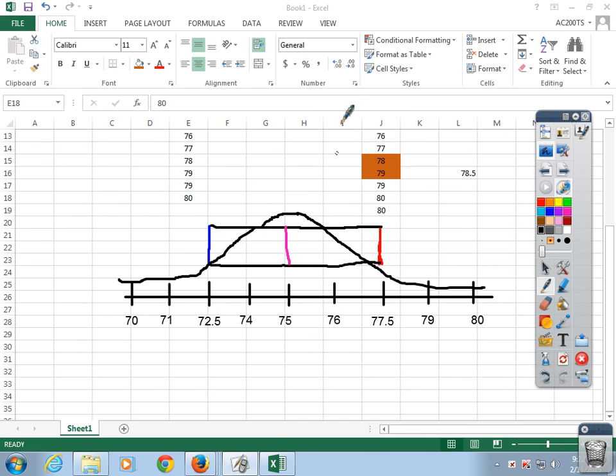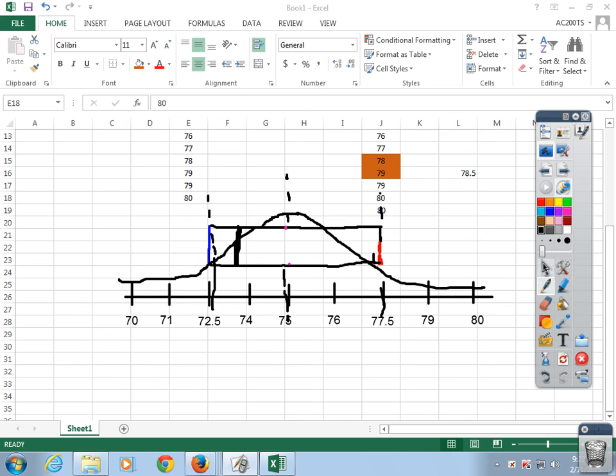The normal distribution. This is supposed to fall where? In the middle. And then this is supposed to fall right about where it breaks and starts leveling out, and this is supposed to fall where it breaks and levels out. Will it always look like this? No. What if you have something like this?